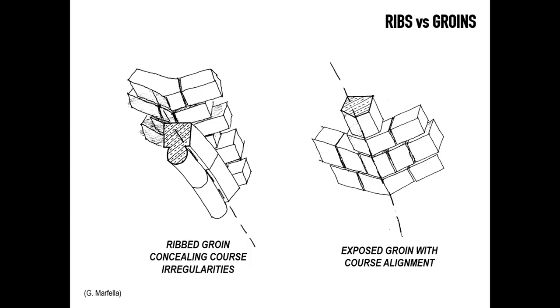Every single course has to turn from one surface of the vault to the next, and all the blocks, particularly the blocks along the groins, have to be shaped with at least 7 faces that are perfectly cut, and they need to be meeting all the other courses around. So this implies a lot of work, and this is not to say that the ribbed version is simple to achieve, of course, but it certainly allows a bit more construction tolerance than the example on the right.